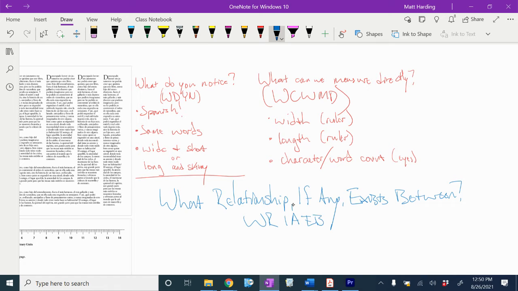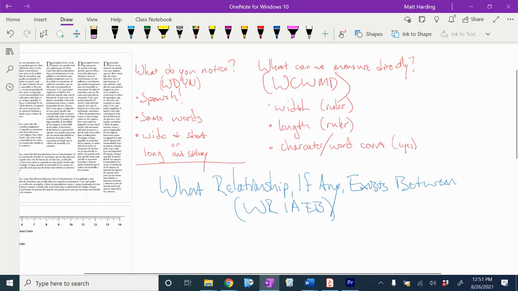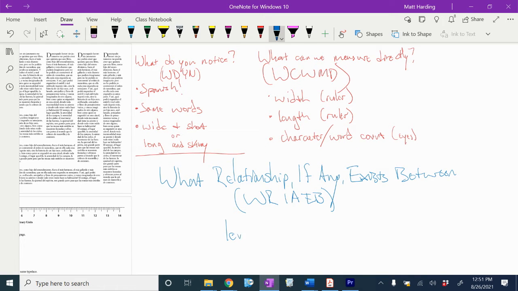There we go. All right. So, what relationship, if any, exists between, why am I putting the question mark there? It doesn't go there. We're not done asking the question yet. The question is length and width. What relationship, if any? What is the purpose of including if any in this? Because if there's no relationship, you don't have to. That could be a thing.